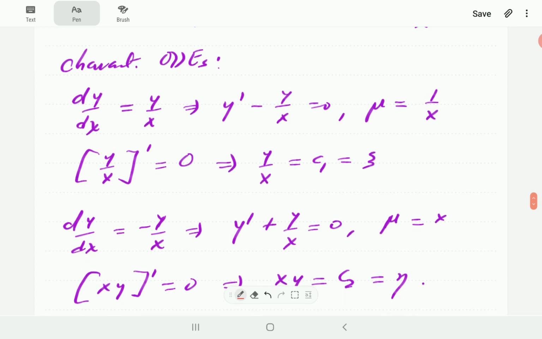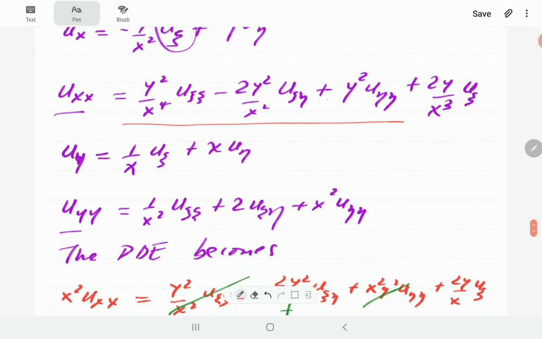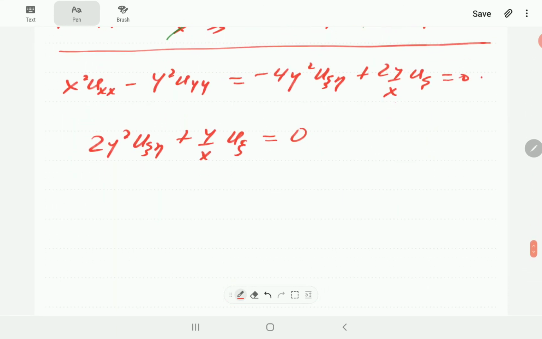So here we know that y over x is xi, so that means if we leave this like this, we can already write it in terms of xi. So actually let's do that. So this is xi u xi, okay, equal to 0.